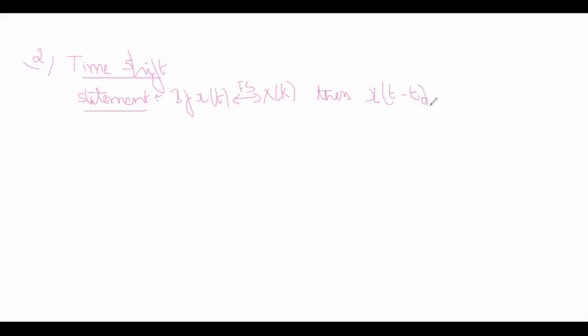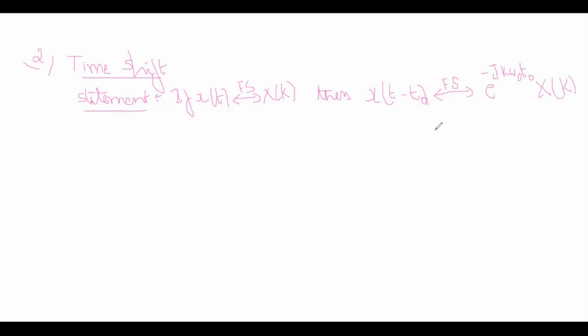So the given signal x of t is shifted by t naught samples. The Fourier series of that is e power minus jk omega naught t naught into x of k.